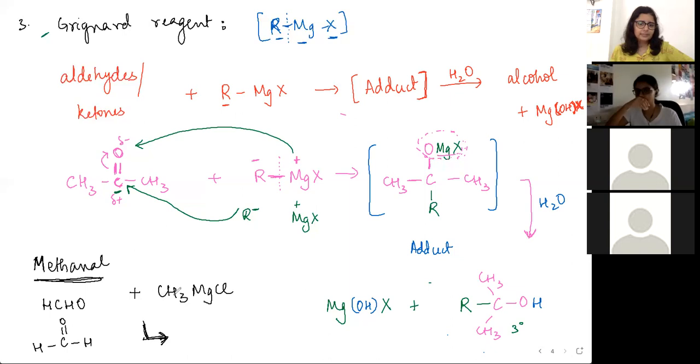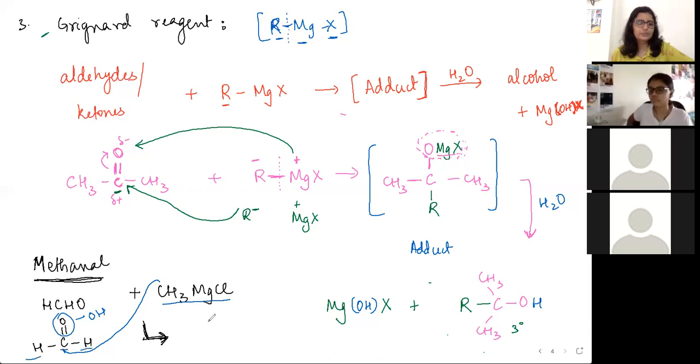Simple hack, not exactly a hack because that's exactly what's happening: in RMgX, take the R part of it, attach it to the carbon and then convert the double bond O into OH. That's it. So based on that, you have CH2, double bond O is converted to OH, and the R from the Grignard reagent is CH3. So this will be your final alcohol.